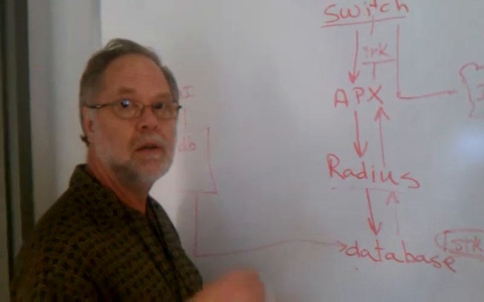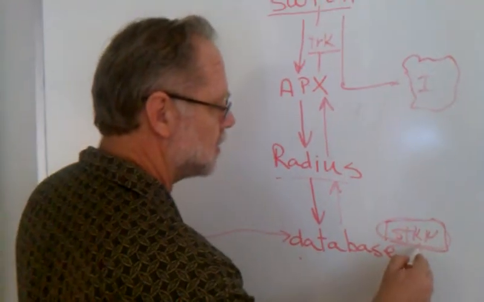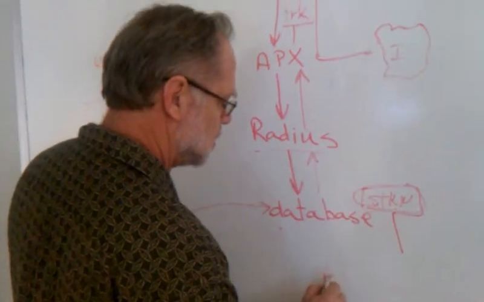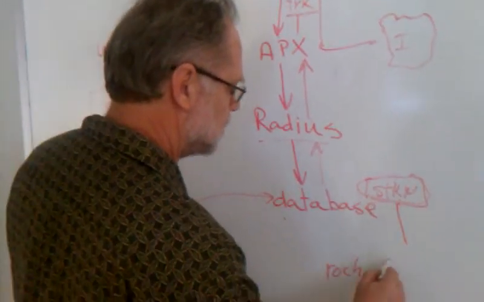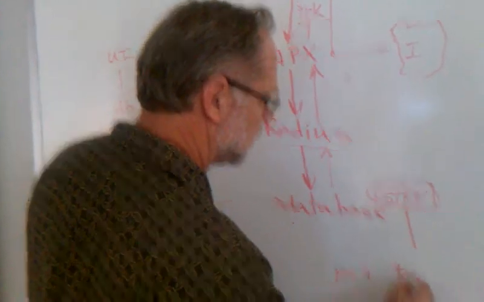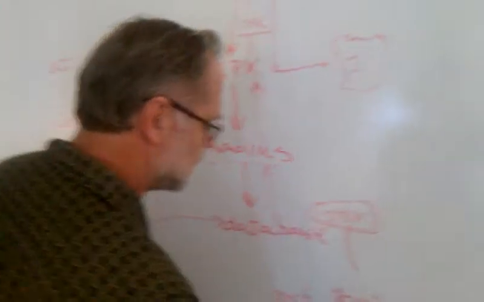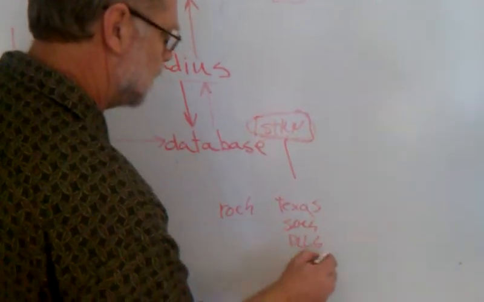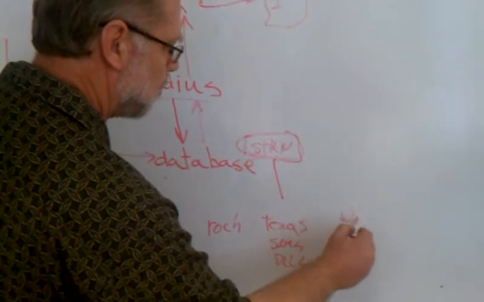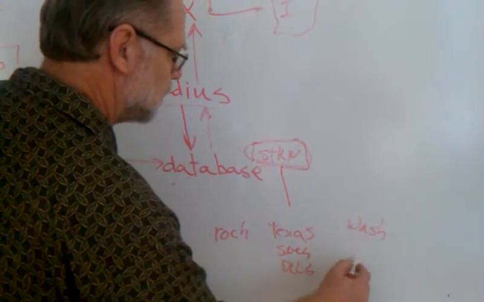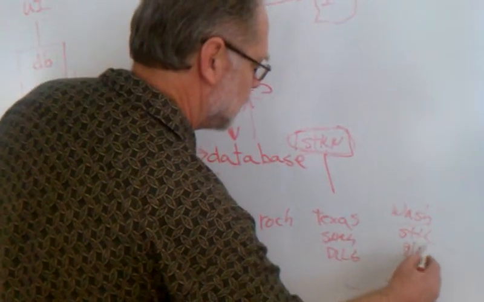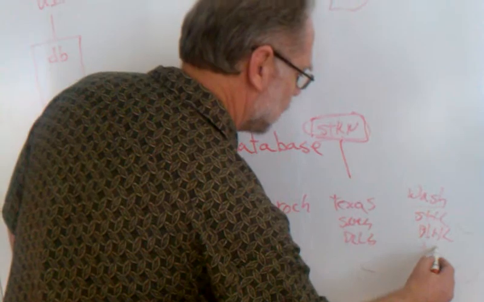Between midnight and 2 o'clock in the morning, this server dumps its database and sends it out to Rochester, to the Texas servers, which is San Antonio and Dallas, and then all the Washington servers: Seattle, Bellingham, and Tacoma.